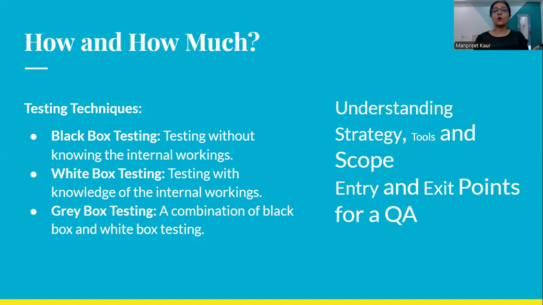When there is nothing in common, then we have to stop testing there, right? We have to exit. So we have to understand the scope, we have to plan the strategy, and then we have to check the entry and exit points, right? The techniques I have already explained. So these are the techniques.